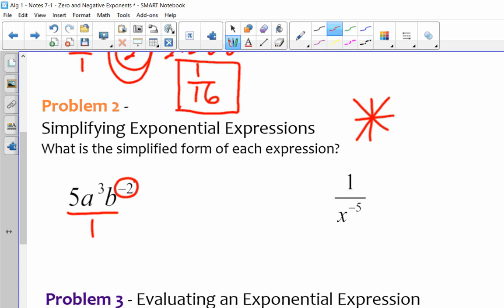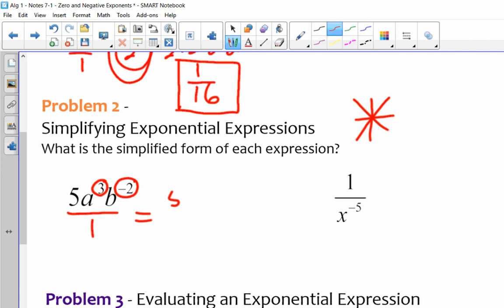Okay, so we understand it's written over 1, but I'm not flipping the whole thing, I'm only flipping what's negative, okay? Before I get going here, if I flip the whole thing, this +3 would end up having to be switched to a negative exponent, and that puts us back into, I can't have that. So I just want to flip the one that's negative, okay?